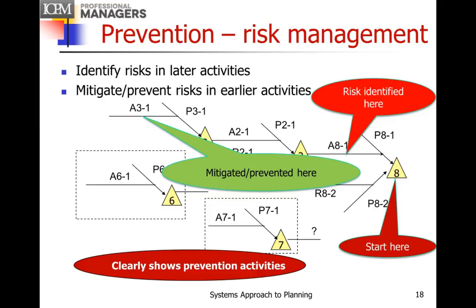And the software tool should show you the link and test to make sure that the link is there. And so here you end up with risk management built in and prevention built in. Because the moment you identify a risk in A8-1 or some of the other later activities, there has to be a corresponding risk mitigation activity earlier in the project.